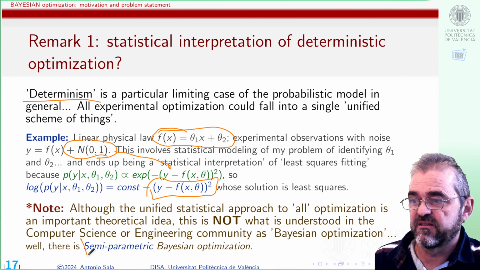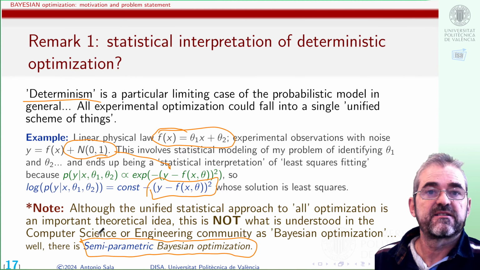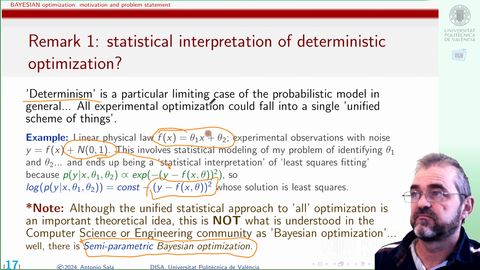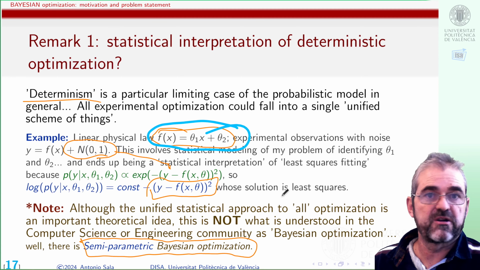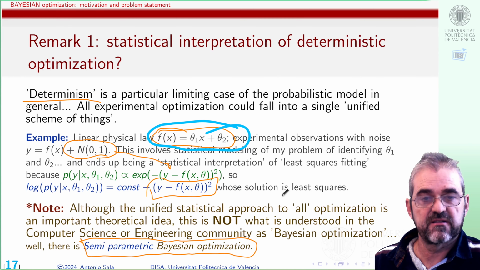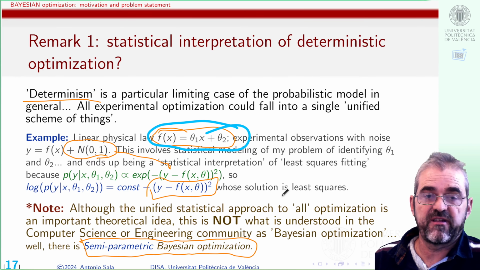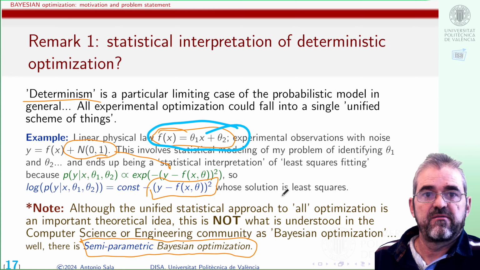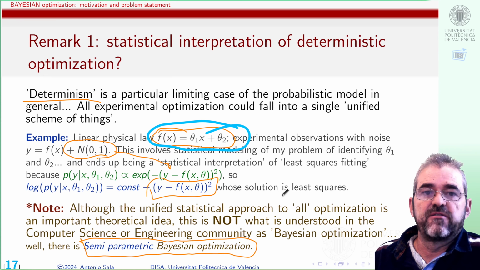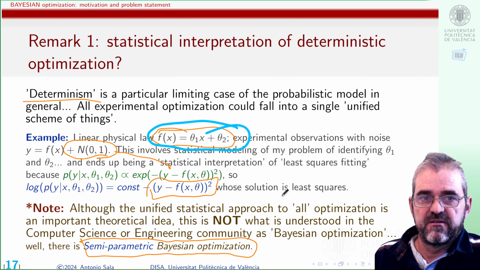But okay, we have some intermediate stuff, such as semi-parametric Bayesian optimization, in which we add parametric models plus Gaussian uncertainty to our optimization. So we know that everything is part of the same great scheme of things. Of course, we can think on this in a more general way. But again, in this introductory video, I just want you to get a glimpse of the possibility of this and not really understand in depth the meaning of all these ideas.